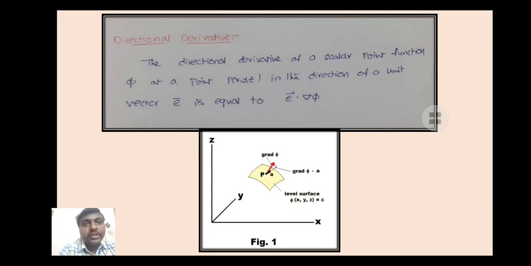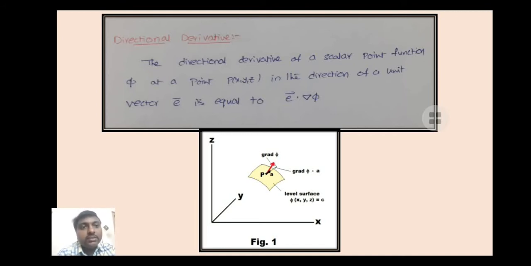I once again repeat the definition. The directional derivative of a scalar point function phi at a point P(x, y, z) in the direction of a unit vector E bar is equal to E bar dot del phi. So this is called the directional derivative.